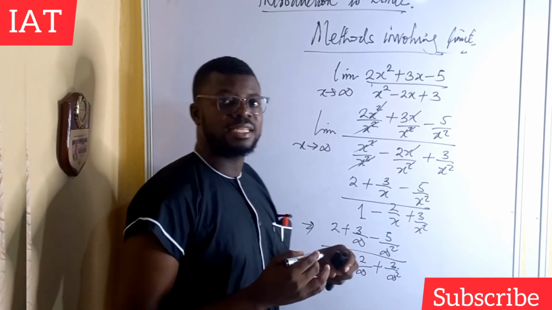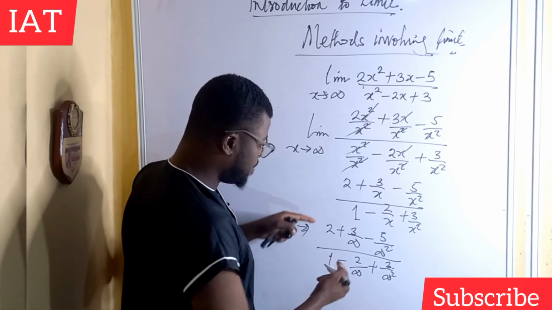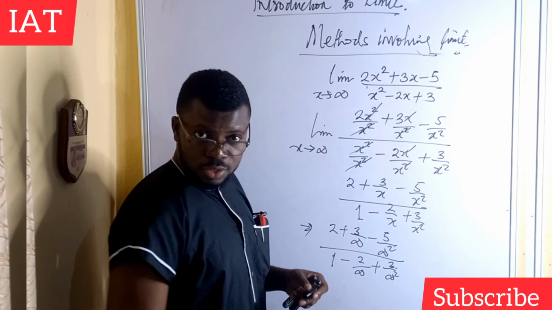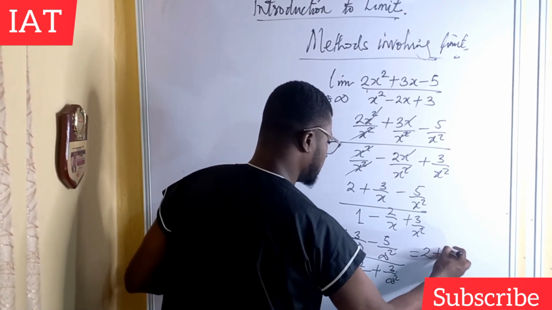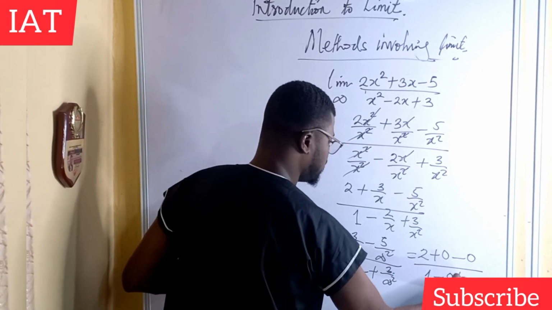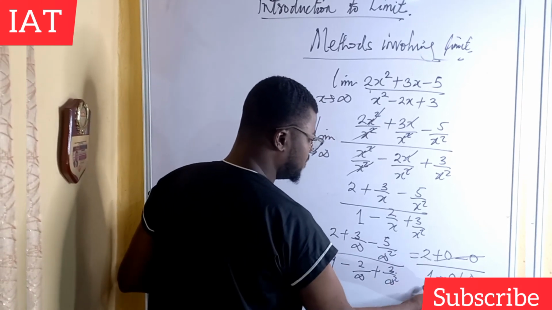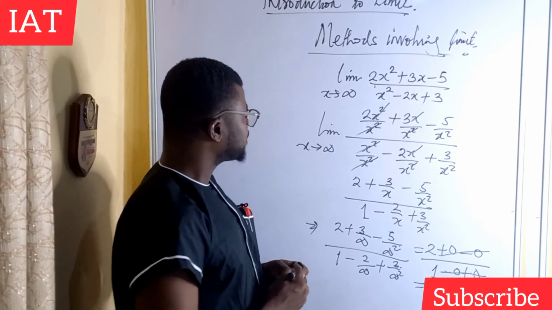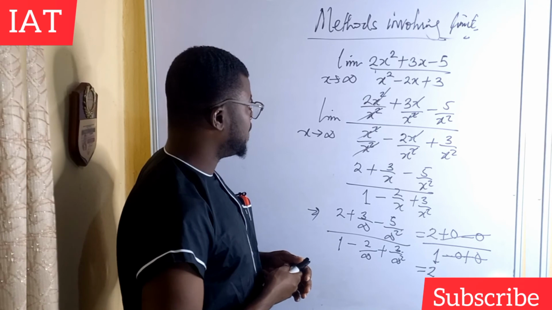Just take note that anything divided by infinity is 0. For example, 3 divided by infinity is 0, and 5 divided by infinity squared is also 0. So what we have left is 2 plus 0 minus 0 all over 1 minus 0 plus 0. All of these terms that have 0 will disappear. So 2 divided by 1, the result is 2.